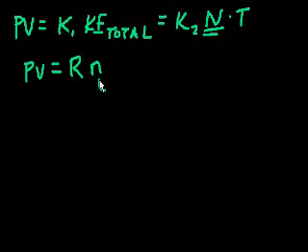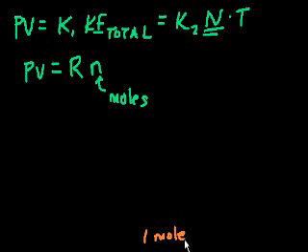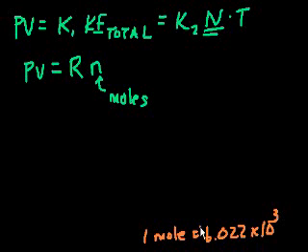But now this n, I'm counting in moles. So if this n is 1, that means I have 6.022 times 10 to the 23 molecules. So this is just another way to write the number of molecules, and then that's times temperature.